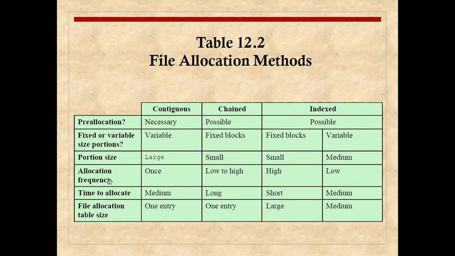Similar to that, allocation frequency, time to allocate, file allocation table sizes. If you are going from contiguous to indexed, your complexity is going to increase. Your wastage will be reduced from contiguous to indexed. You can say this is complex to implement, but it will have the least wastage in the memory.